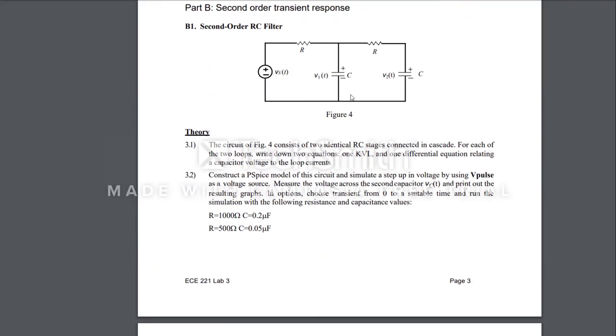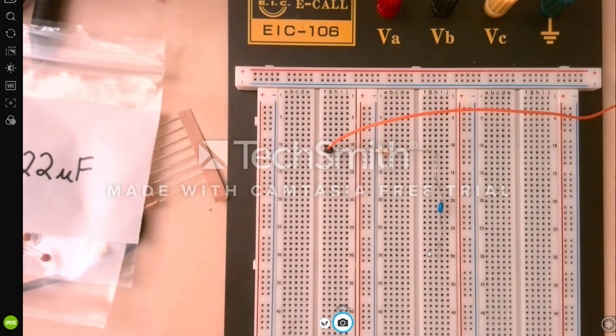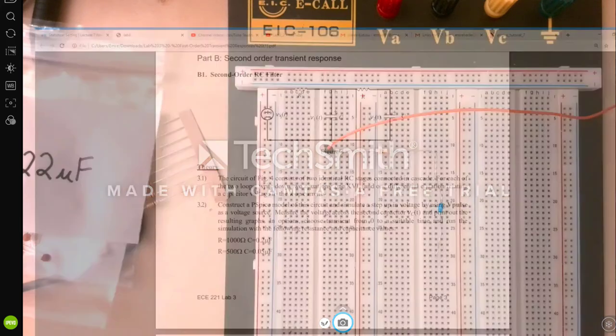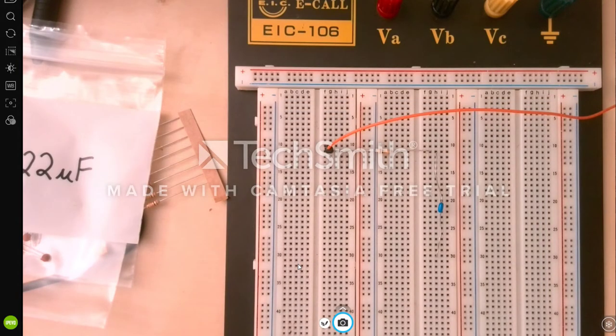And we will, so this is one RC stage. We're going to put an identical RC stage as well. So let's do this.